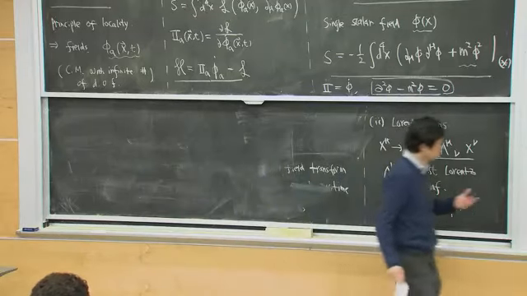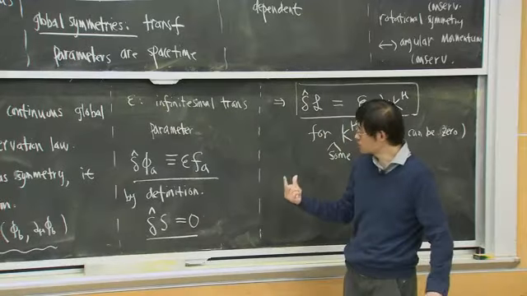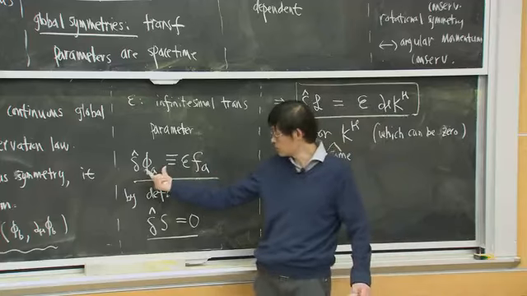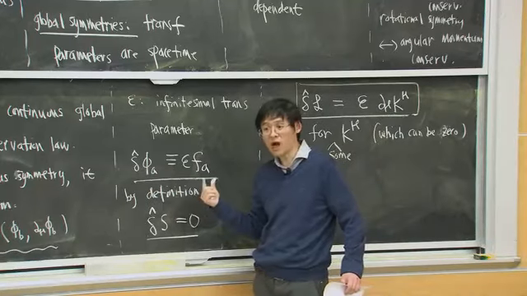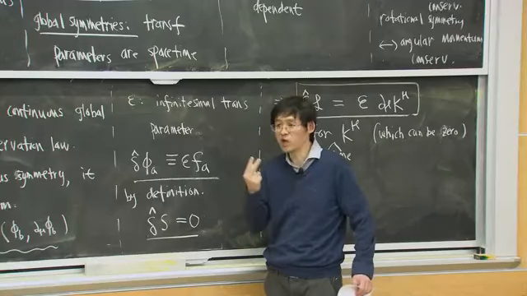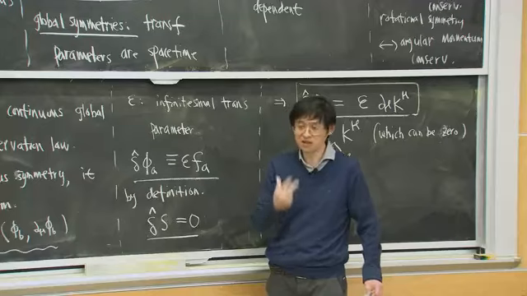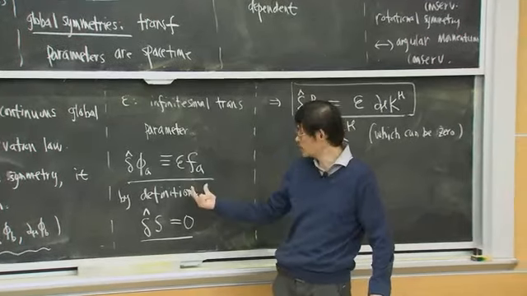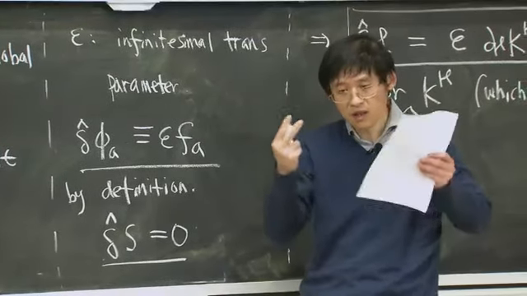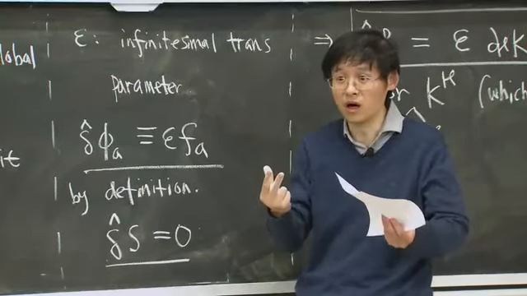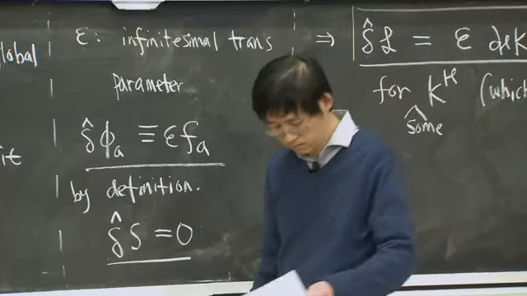So we want to use the fact that such a transformation is a symmetry to derive the constraint on the Lagrangian. Say we assume that the theory has a symmetry, and then we want to see what constraint this puts on your theory. Yeah, that's right. We're proving Noether's theorem.